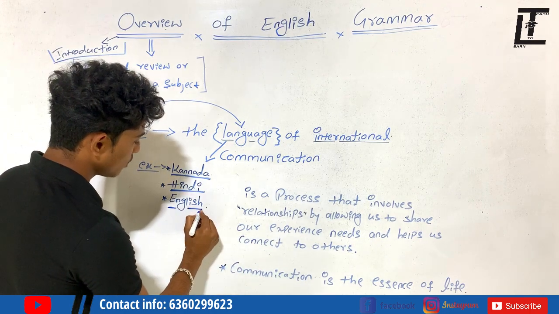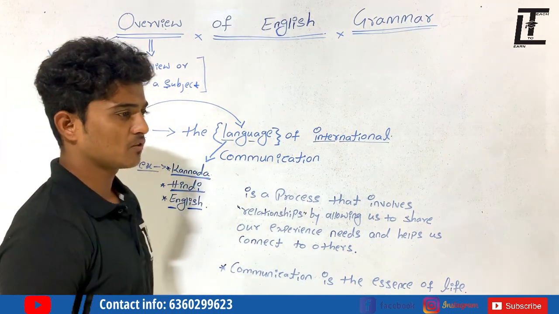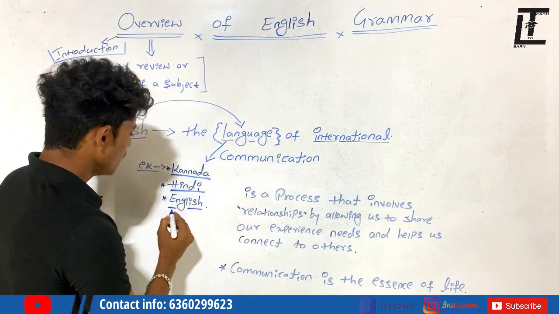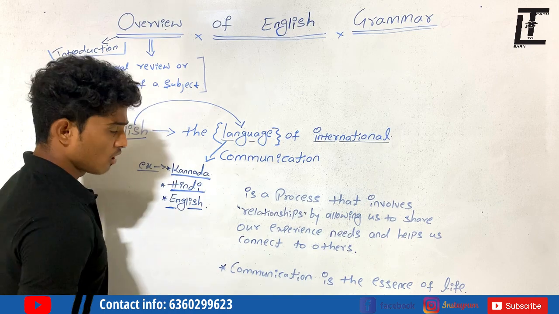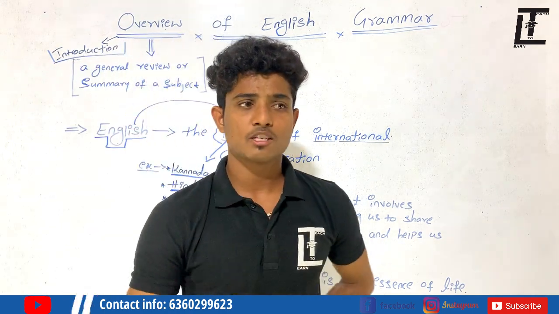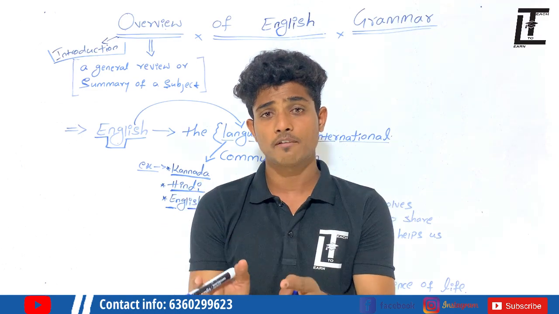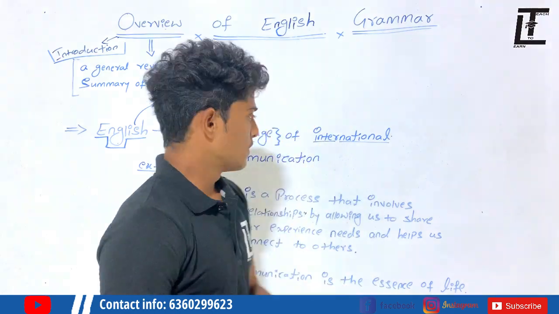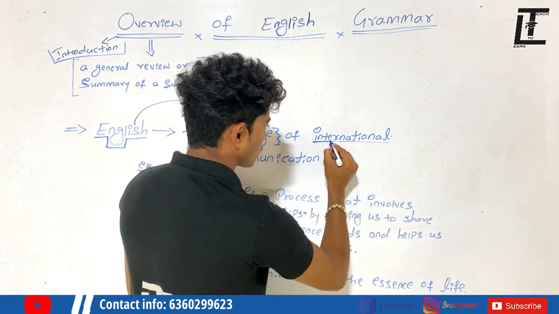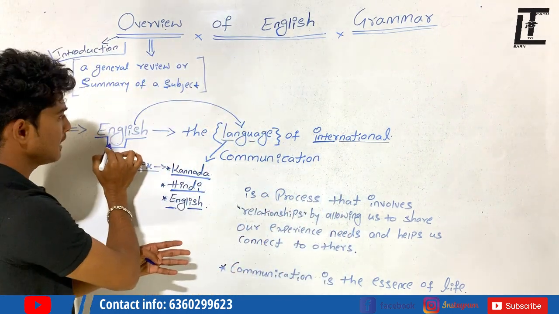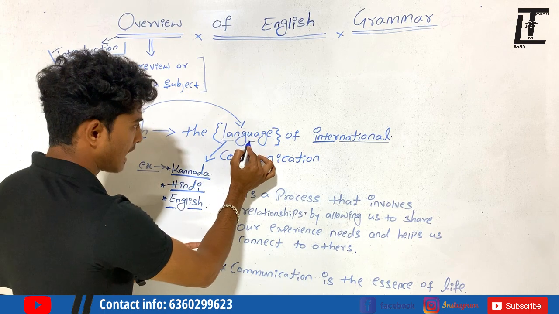Now, English is also one of those languages which is used in the world. So now, see here, amongst all of those languages which are spoken in the world, the English language is the most preferable language to other languages. What is this international? I hope you guys might have understood that. What is this English? English is nothing but a language.